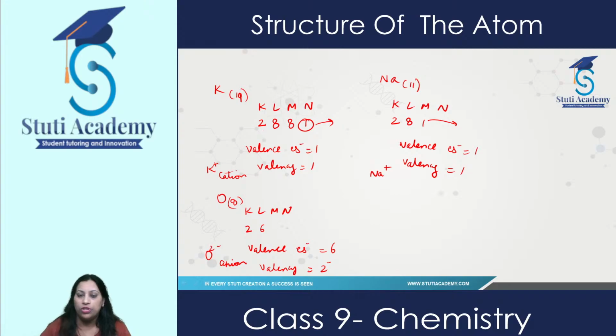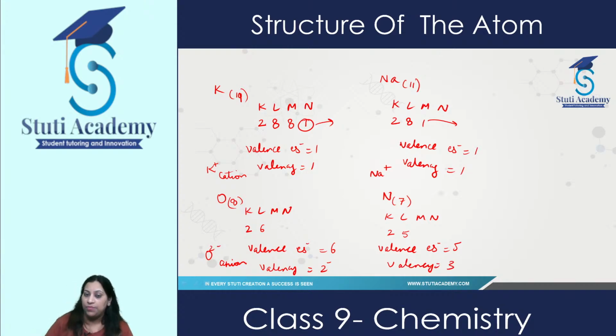Now let's move on to the next one, which is nitrogen, and its atomic number is 7. We'll write its electronic configuration 2 and 5. So here it needs 3 electrons to complete its octet. Here valence electrons are 5 and valency is 3.